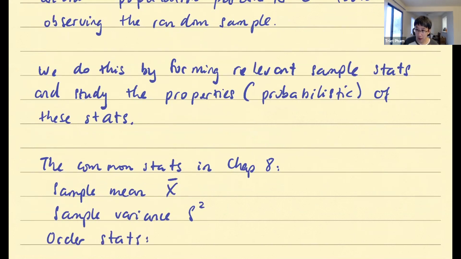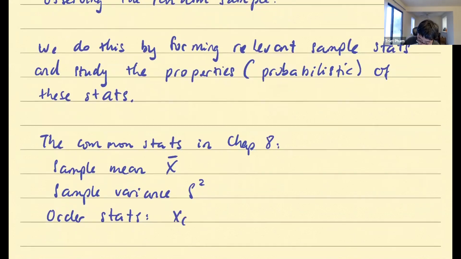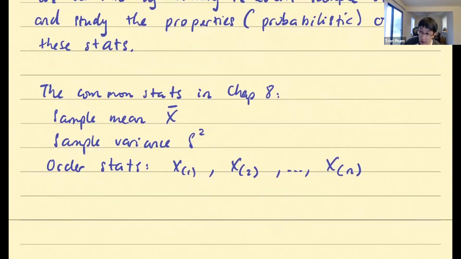So the order statistics means you have a set of numbers. These are random. You look at the minimum of those guys, the second smallest value, so on and so forth, until the largest value, okay? These are called the order statistics. So be careful, this is not x1.